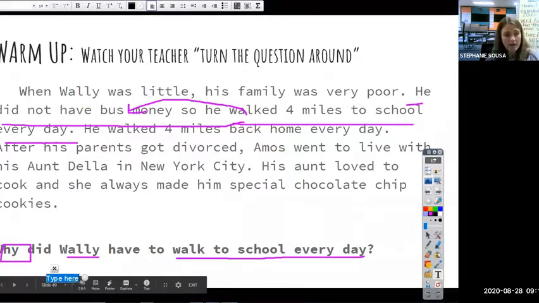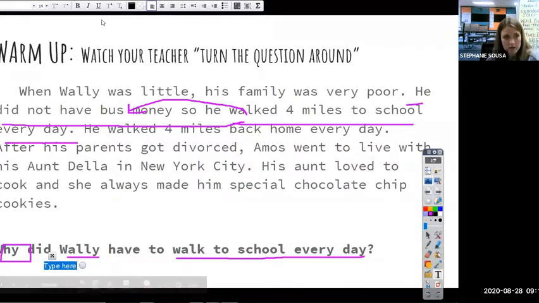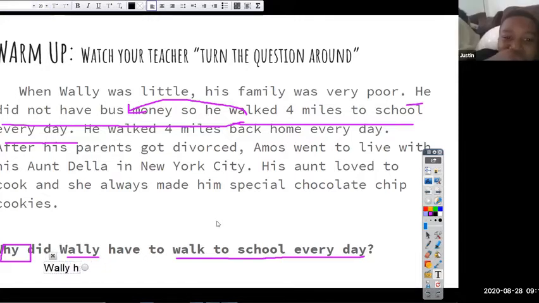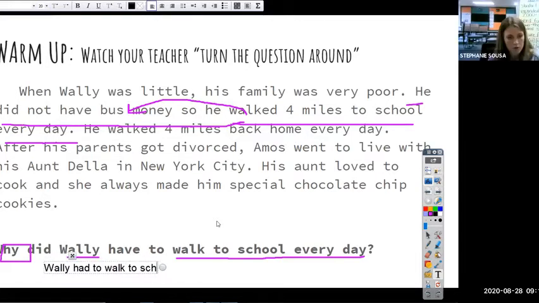Why did Wally have to walk to school every day? Let's go ahead and answer that. Make this a little bit larger. There we go. Wally had to walk to school every day because, I want to talk about this first part that I just put.